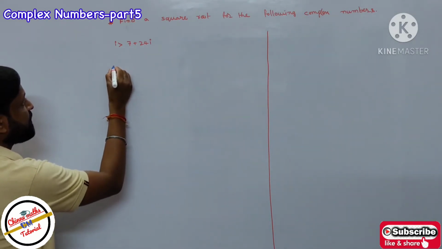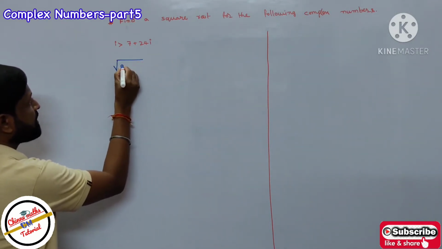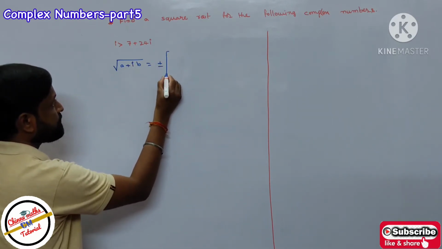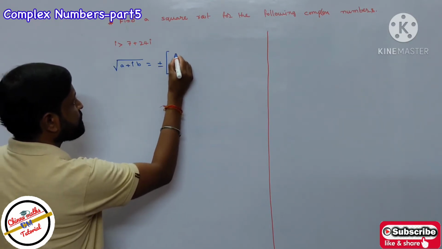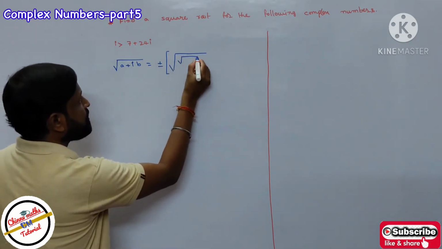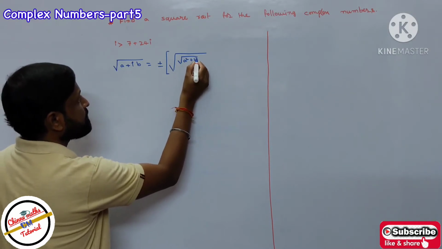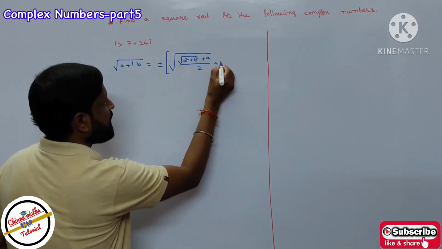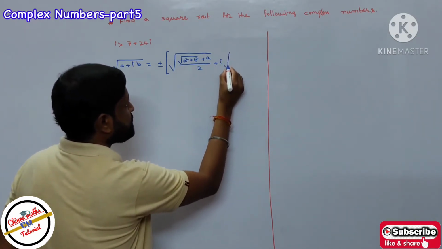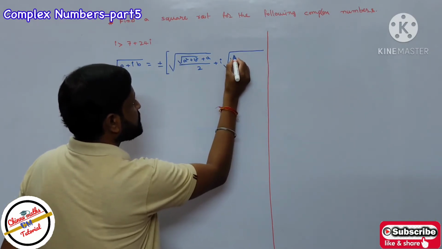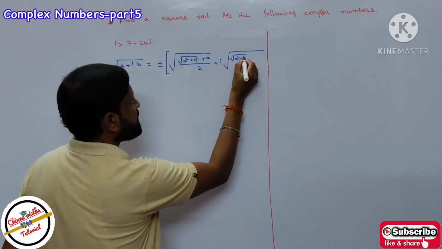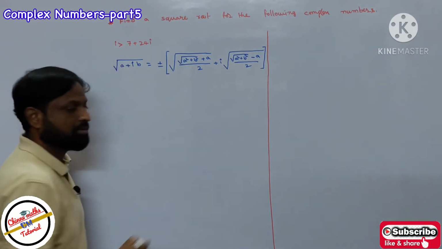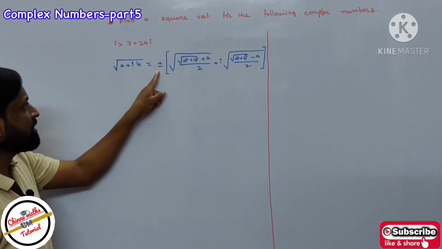Already we know that the square root of the complex number a plus ib equals plus or minus square root of (square root of a square plus b square plus a) by 2, plus i into square root of (square root of a square plus b square minus a) by 2. It is the principle of square root of the complex number a plus ib.